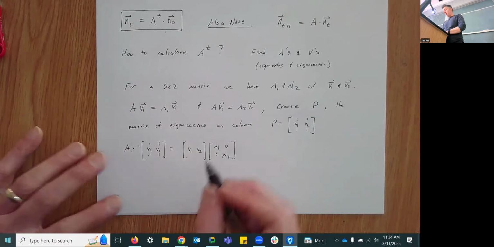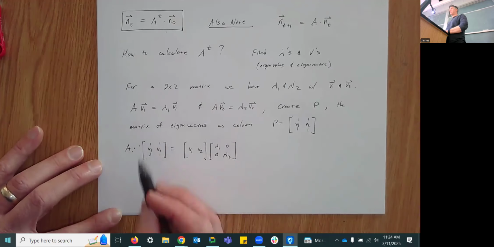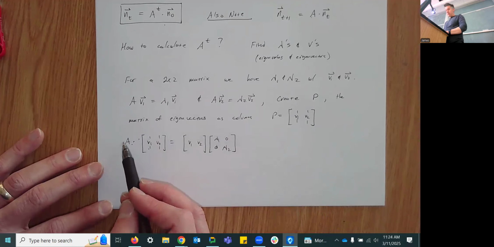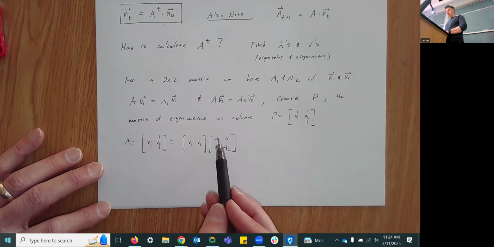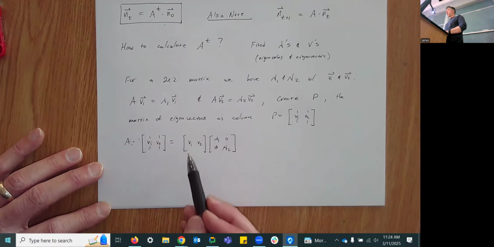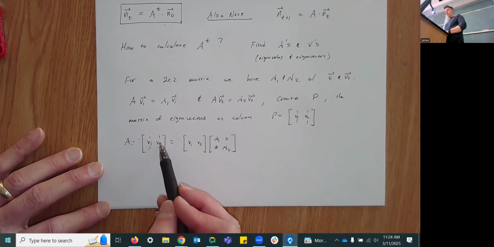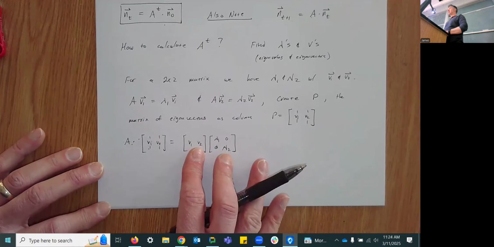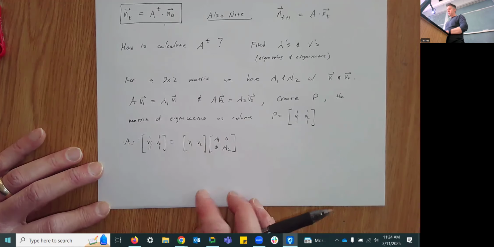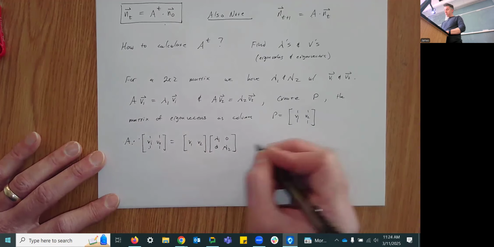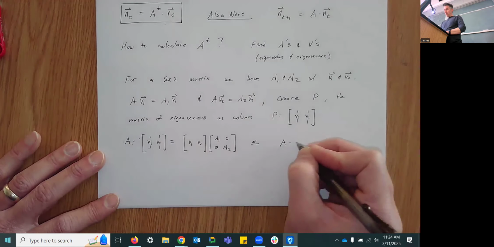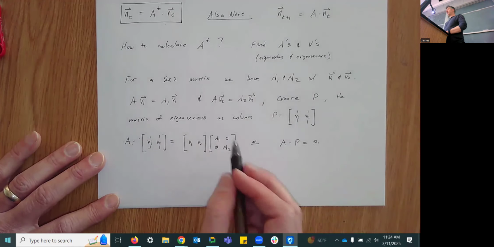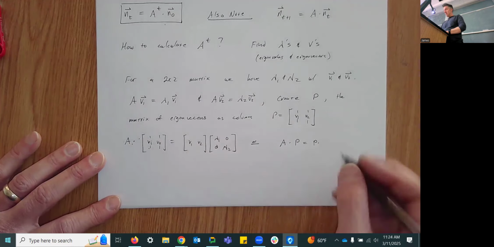I recognize I'm not saying all the words about how this matrix multiplication really does work, but it does work out this way. If you multiply this matrix times this vector, you get lambda 1 times that vector back in the first column, and this matrix times that vector, you get lambda 2 times that second vector back in the second column. And yes, the matrix multiplication is in this order on purpose. Or in other words, A times the matrix P equals P times this matrix here we call the diagonal matrix D.